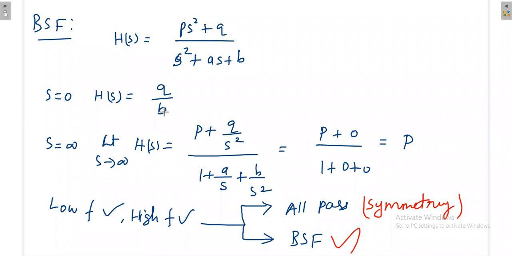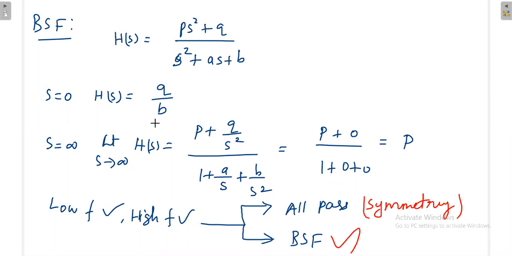When they give some circuit, you substitute low frequency and high frequency, then see what is happening at mid frequency. When you know the structure, no problem. But once it is given in terms of a circuit, we have to put some extra condition so that we can identify whether this is an all pass filter or a band stop filter. We'll see that later, once we take some problem, then it will be clear.